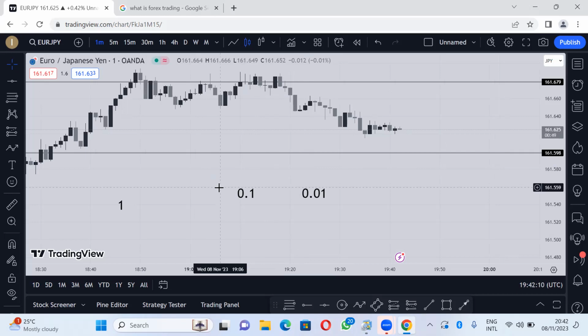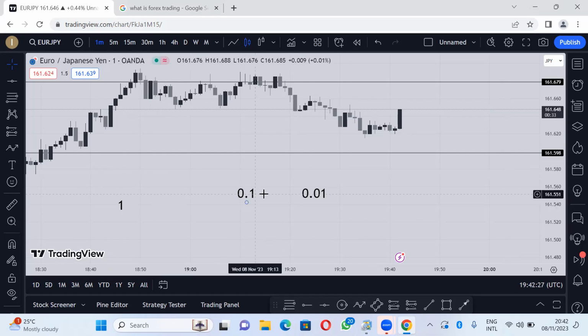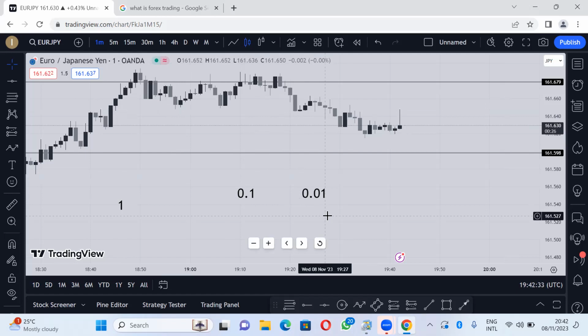Someone who has, let's say, a $10,000 account will be using this. You that have a $100 account, you'll be using this, because you can't use the bigger one. If you use it and price just moves a small amount against you, bro, your money is gone. But the guy who uses the smaller lot, if price moves against you with your small $100, you are still in the game.